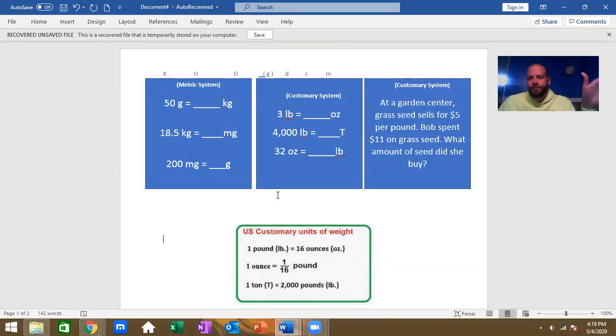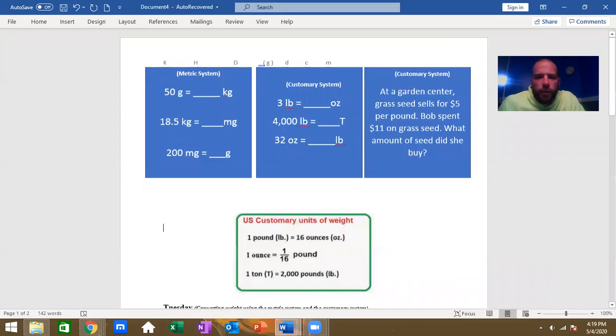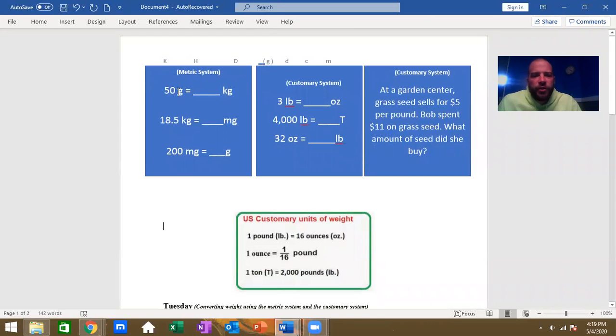Metric system. King Henry died by drinking chocolate milk. You have to remember that. King Henry died by drinking chocolate milk, and it will help you out so much. So we have 50 grams. We're going to kilograms. So we have grams here. We're going to go left 1, 2, 3. So here is the decimal, right? There's an invisible decimal there.